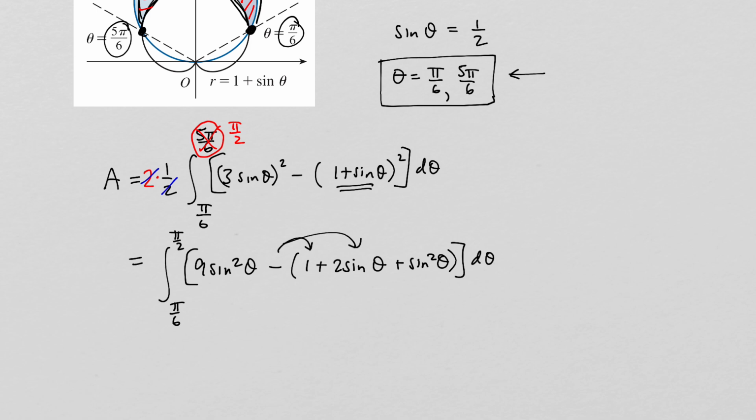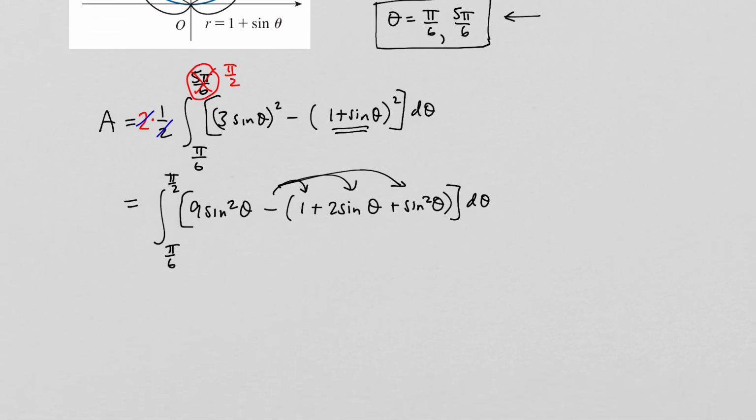Next, we'll distribute the negative sign. And let's just point out that 9 sine squared minus 1 sine squared is going to be 8 sine squared. And then we have minus 1 and then minus 2 sine of theta, d theta. And again, this goes from pi over 6 to pi over 2.